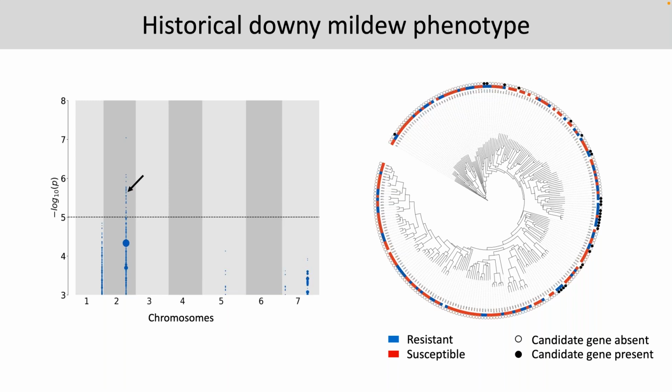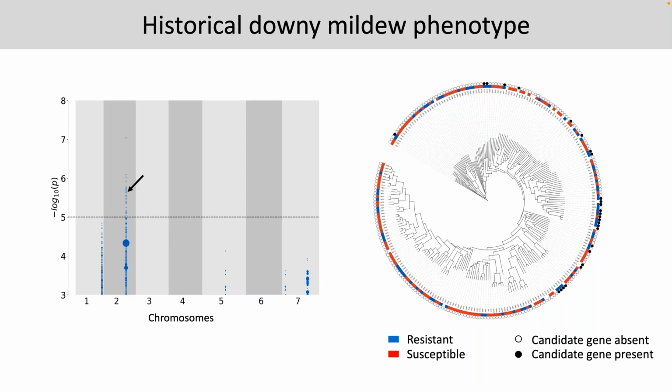Looking at the distribution of this peak in the 230 lines on the right-hand side, this is a phylogenetic tree of the lines sequenced with RenSeq. You can see in this tree, the red and the blue color indicate the phenotype data, resistant and susceptible lines.